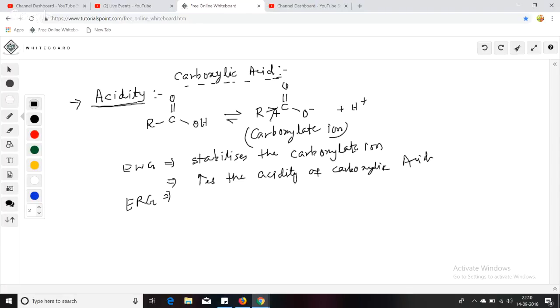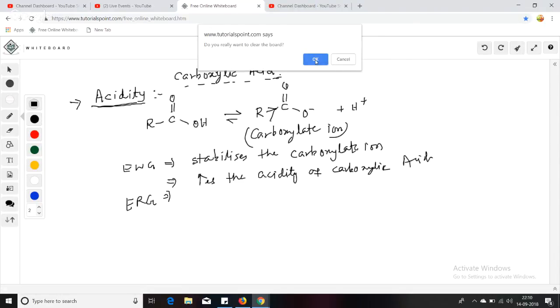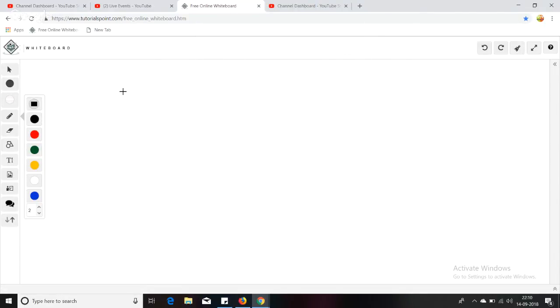Now the important logic we have to understand is the ortho effect. We'll discuss it here. We'll see some examples first. If you see the structure or resonating structure, one important comparison I'll give you first.